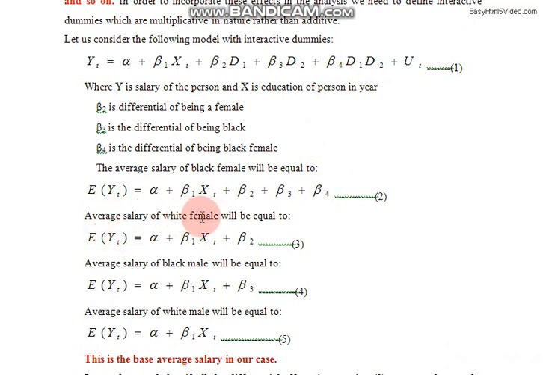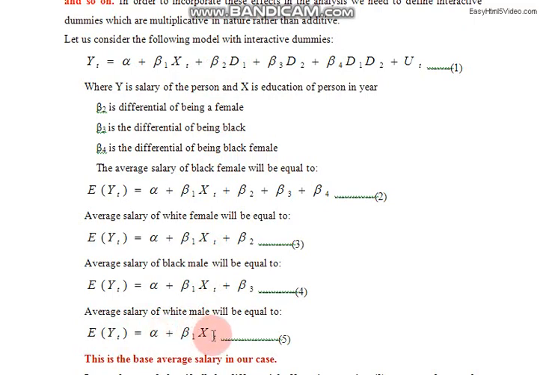Then the average salary of a white female: beta 3 will not be there since it represents black, so only beta 2 will be there. Then the average salary of a black male means the person is black and male, so beta 2 will be equal to 0, and so on.